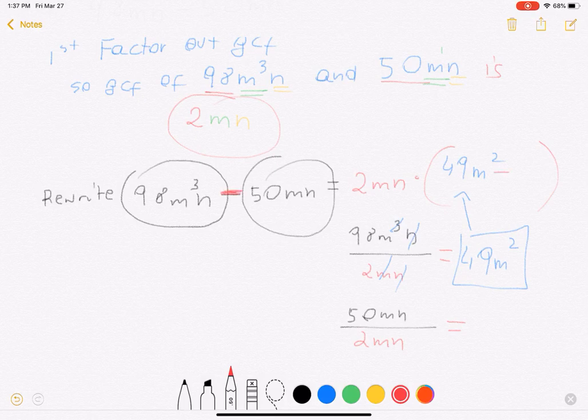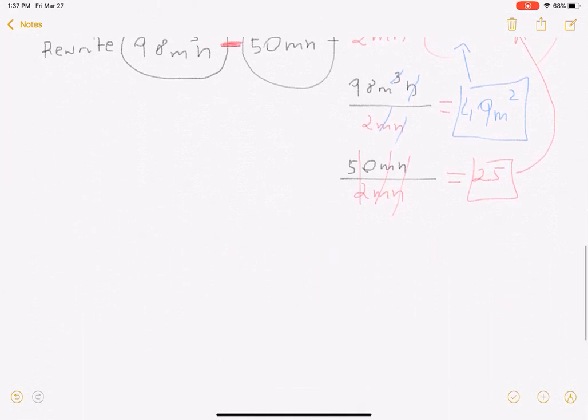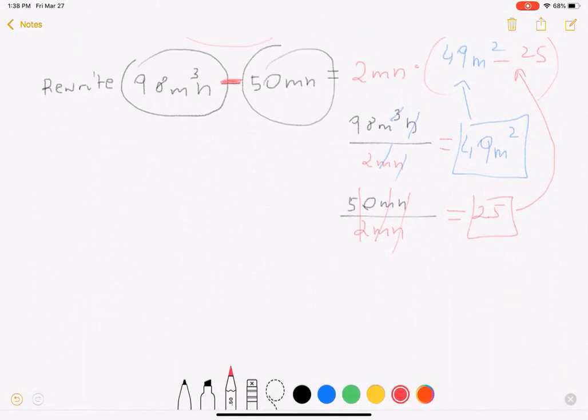So 50 divided by 2 will give you 25. m and n cancel, so we're just putting 25 right here. Okay, so let's continue. Now we have 2mn times 49m squared minus 25. So we need to factor completely.